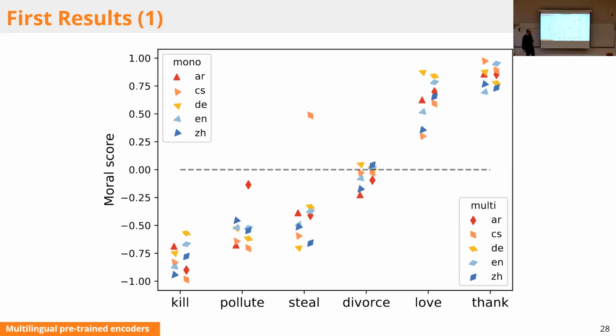There are also some promising things that would make you think, oh, this really captures some cultural differences, because you can see that getting divorced in Arabic is worse than in other languages. But then you start seeing some weird stuff, like why is stealing in Czech good, or why is polluting in Arabic good?